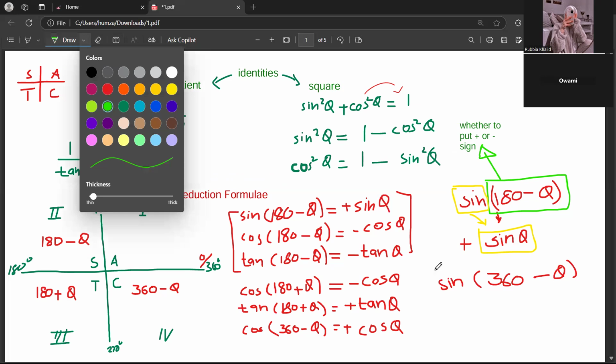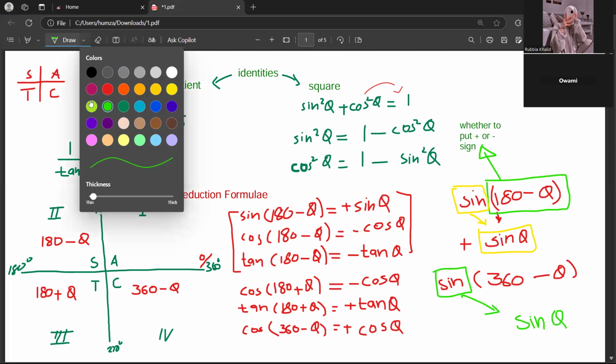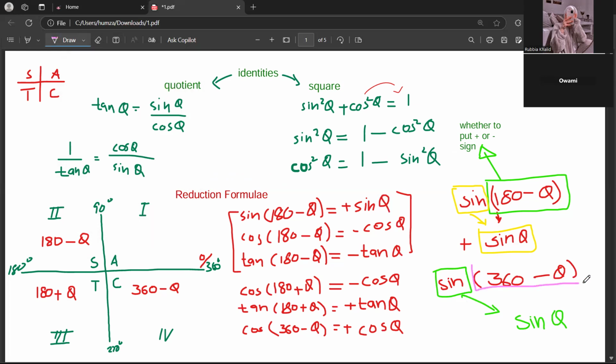So the first part is to write sine theta, an angle of sine. Now, the second part of the question is asking us to look at this part. Now, what is this telling us? The house in which 360 minus theta lives in on the Cartesian plane, will the sine value be positive or negative?